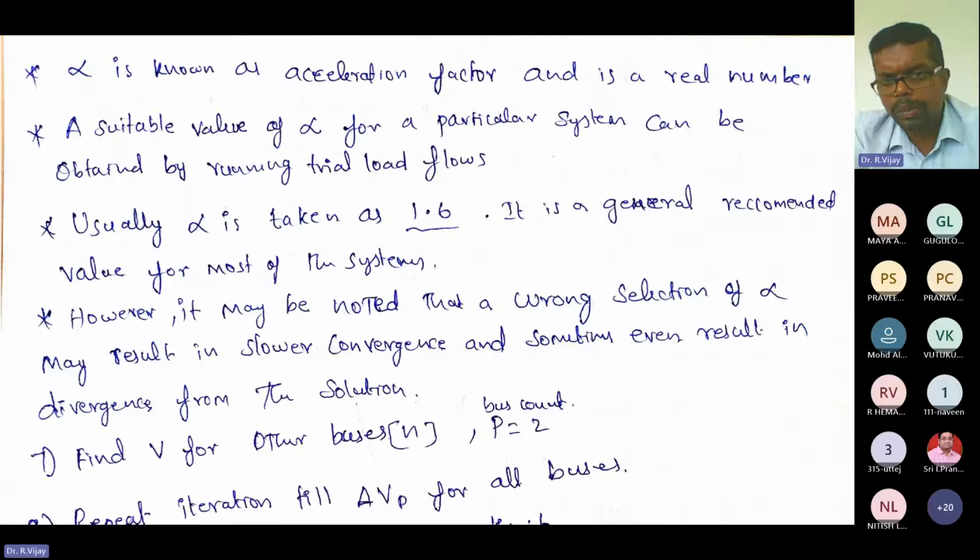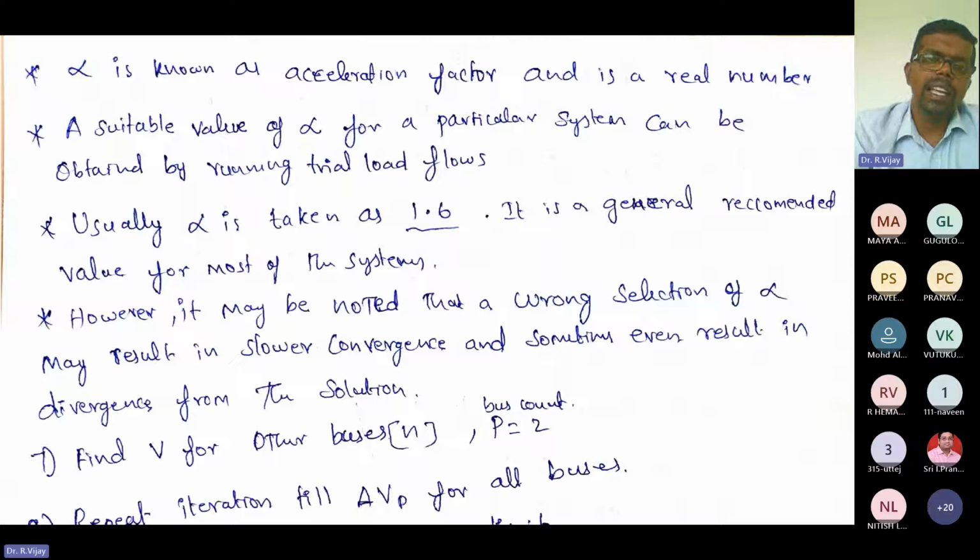You can also try an acceleration factor other than 1.6, but mostly 1.6 is taken, though it is not a golden rule that you must choose 1.6.